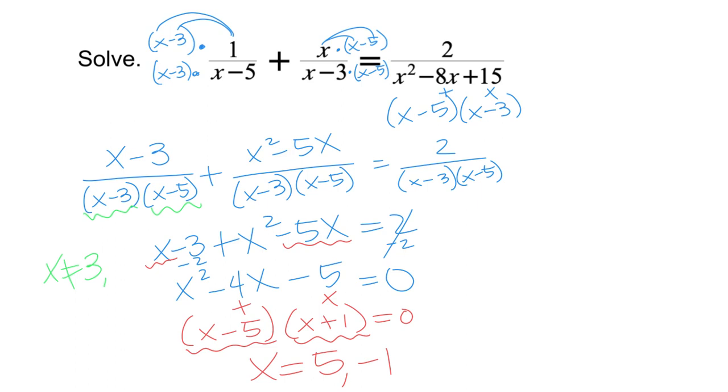We're okay, that wasn't one of our answers. And x minus 5 tells me x cannot equal positive 5. Now that tells me we have an extraneous solution. So my only answer was negative 1. Positive 5 was crossed out. It is no longer a solution because of the domain.